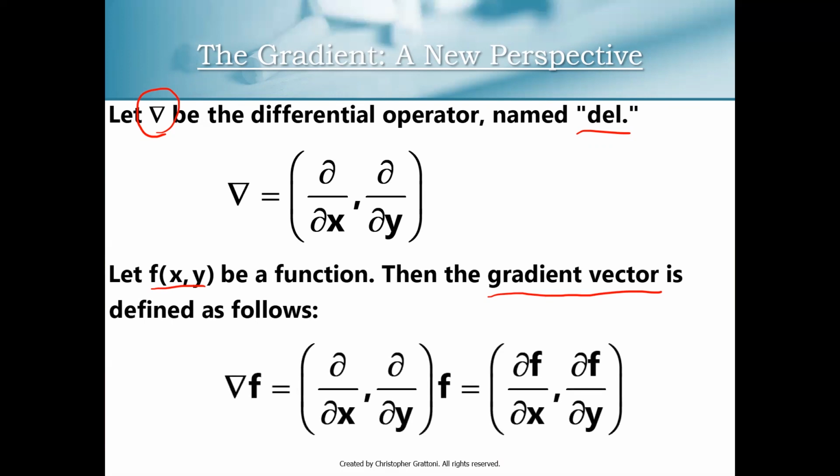It's a product of del times f, or a vector times a scalar. And how do you multiply a vector times a scalar? You distribute that scalar into your vector, df dx comma df dy. So we can understand the gradient in terms of a differential operator.